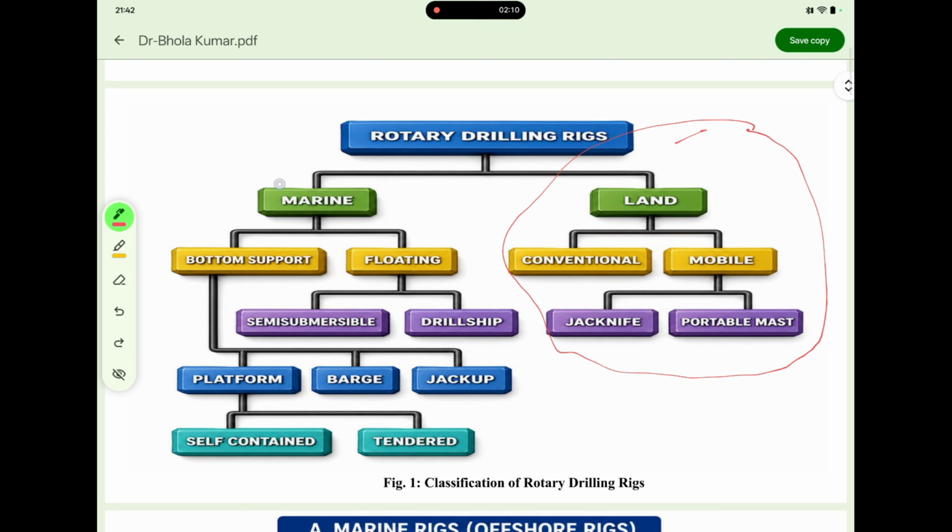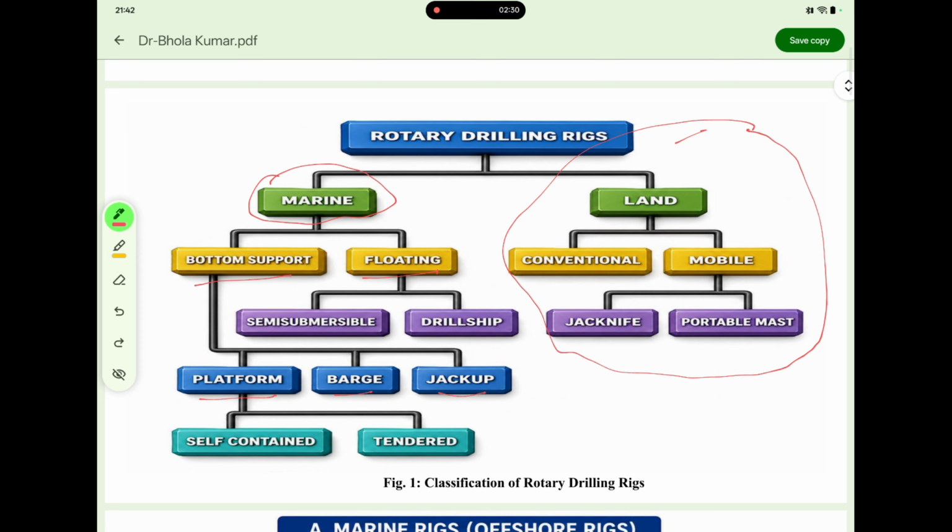Let's go to the offshore. Marine is also called offshore. These rigs are classified into two types, the bottom supported and the floated. The bottom supported is further divided into three types: platform type, barge type and the jackup rig.